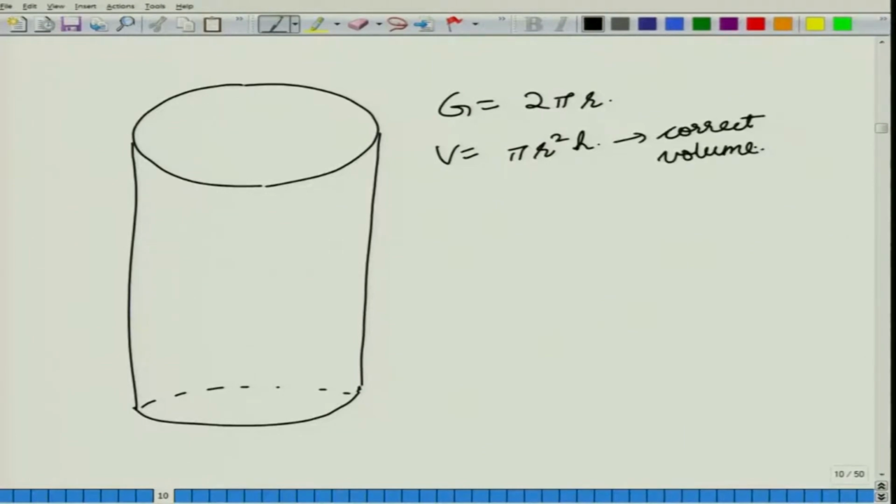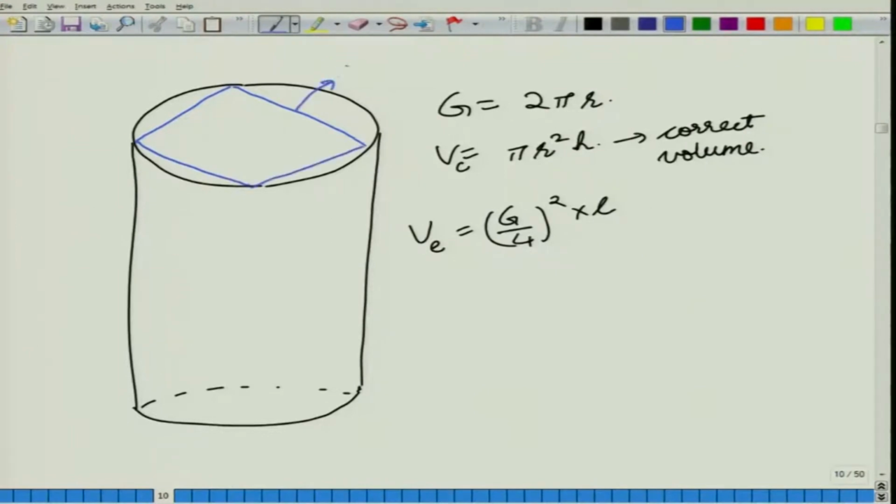Now, we are taking an estimate of this volume. So, this is the correct volume and the estimated volume is (G/4)² into L. What essentially we are doing is, if we have a girth, then we are considering a squarish section of this log of edge A equal to G/4.